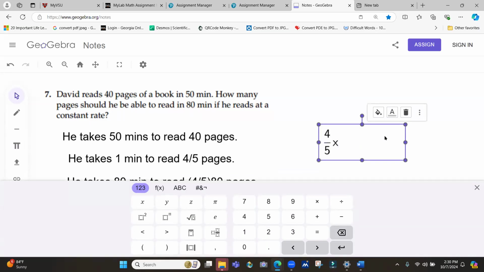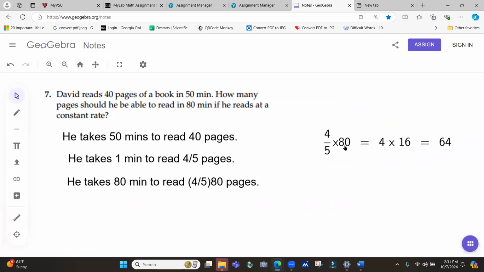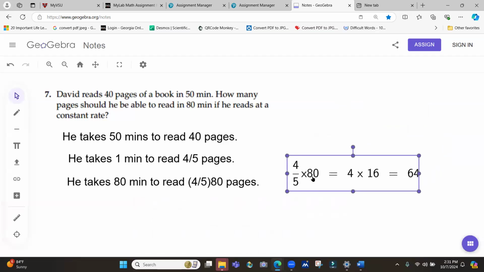4/5 times 80. And that turns out to be 4 times 16. 80 divided by 5 is 16. And 4 times 16 is 64, if I'm not mistaken. So in 80 minutes, he will read 64.